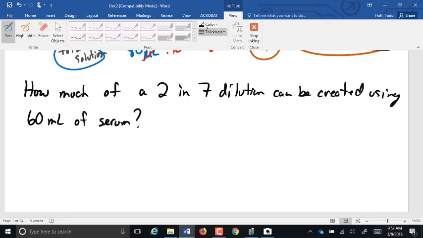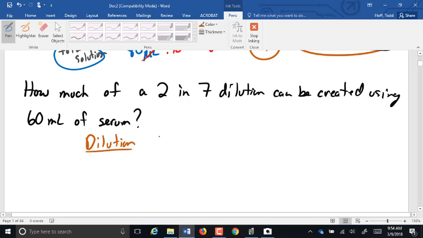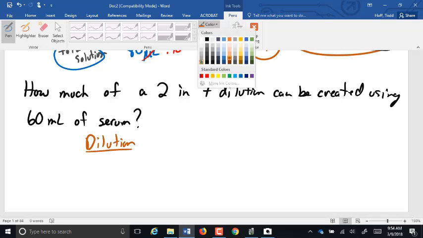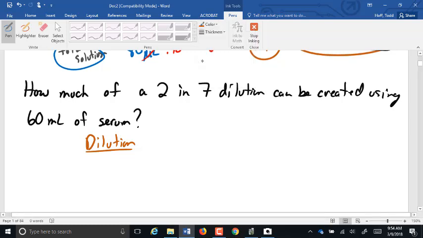So again, I'm starting out with a dilution. And again, I always label these out just so that I don't lose track of them, but we have the top number, the first number in the dilution, the 2, represents the amount of serum. The 7 represents the total solution.